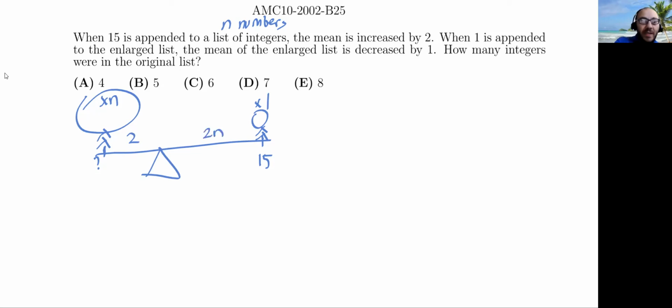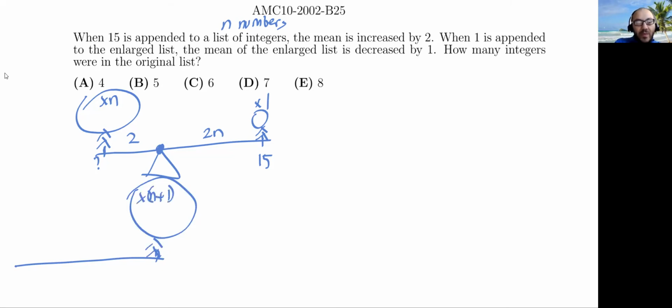And then in the new setting, you can imagine a fatter guy here whose fatness is n plus 1, n plus 1 times fat. And then when we add a new number, just a regular fat guy at 1, the mean decreases by 1 this time.